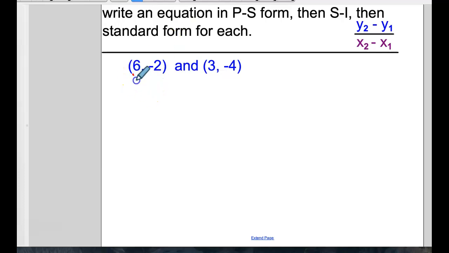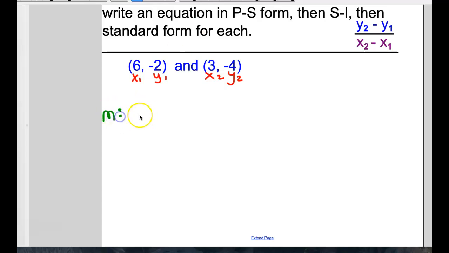My x1 is 6, my y1 is negative 2, and then my x2 is 3, and my y2 is negative 4. So I want you to pause the video and see if you can get all of the answers: the slope, the point slope, the slope-intercept, and the standard form. Take a couple minutes to figure out all the parts, and then replay the video and watch me walk through the parts. So hopefully you paused the video, right?